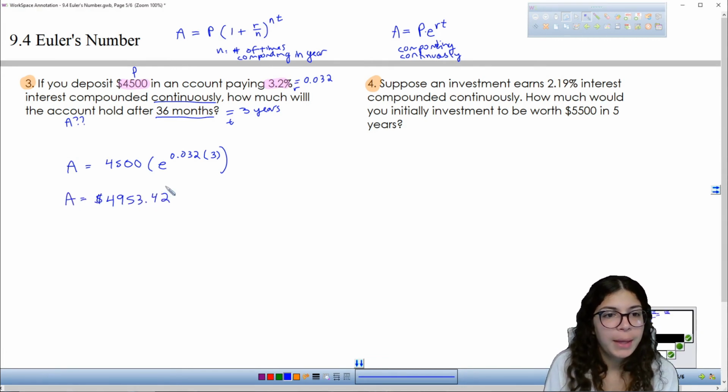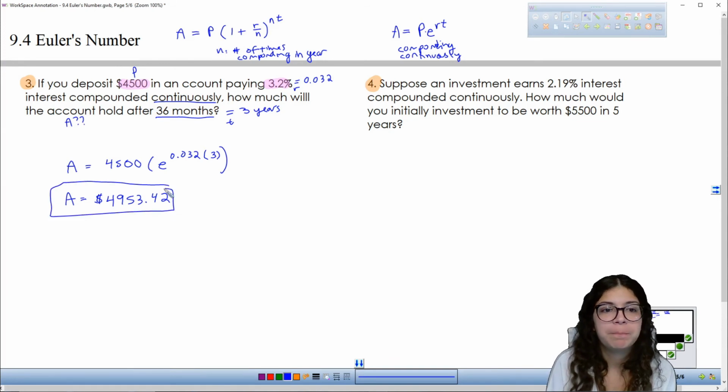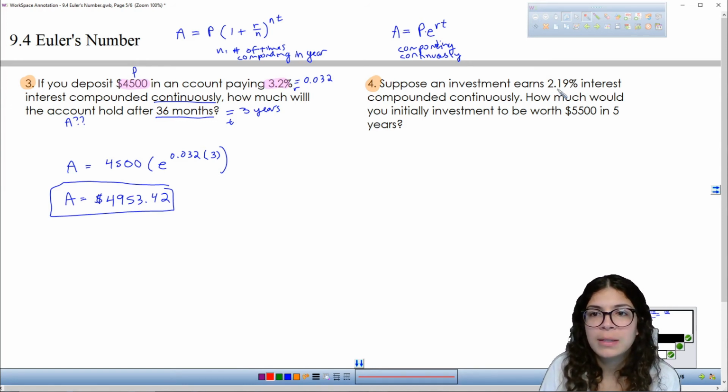So let's move on to number 4. On number 4, your investment earns this amount of interest. So R as a decimal is 0.0219. Remember, you move the decimal twice to the left and add any zeros for placeholders if you need them.